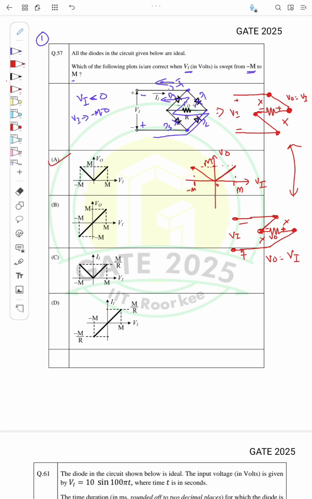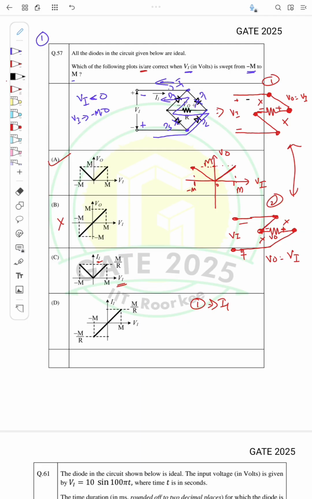Now, as it is said in the question, any other option may also be correct. If you see here, option B is wrong, and we'll see what happens in C and D. Here C is Vi versus Ii. So in case 1, I1 is flowing in this direction.